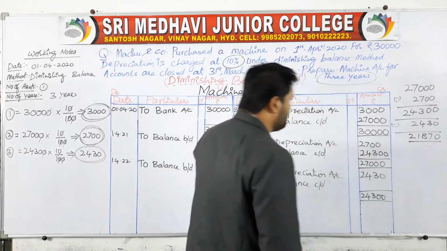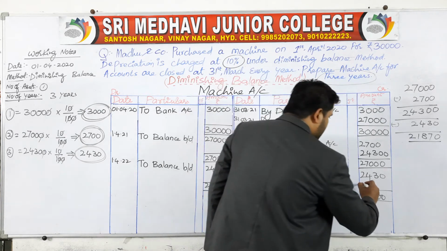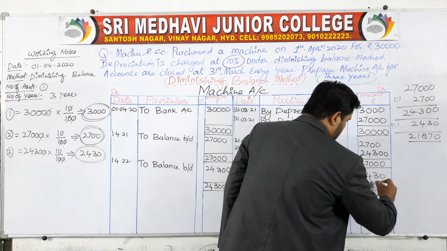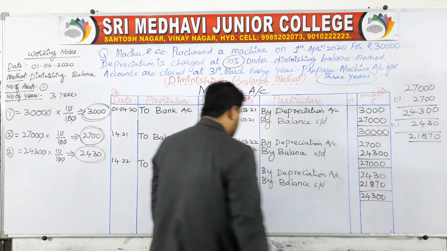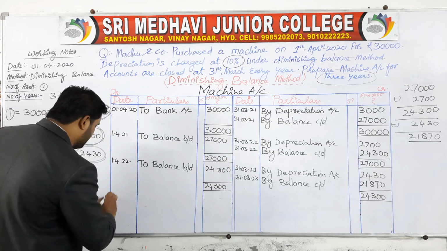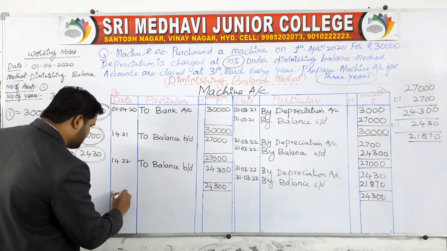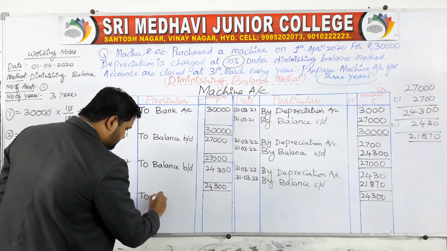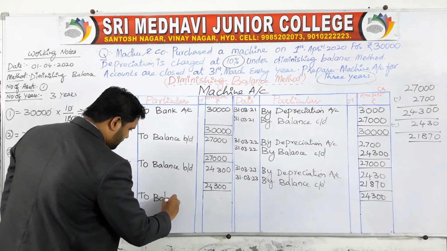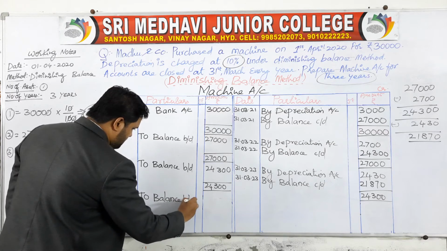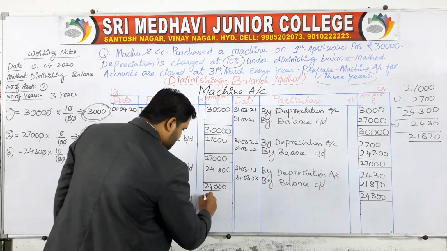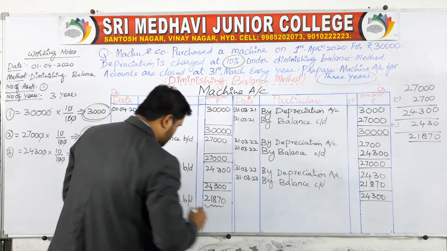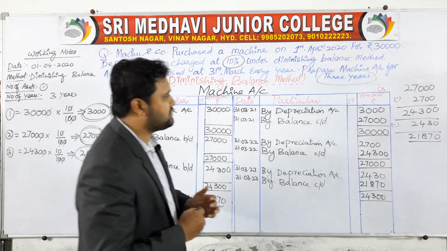This is your answer, 21,870. Now transfer this balance to the very next date, 1st April 2023, to balance brought down 21,870. So this is your diminishing balance method.